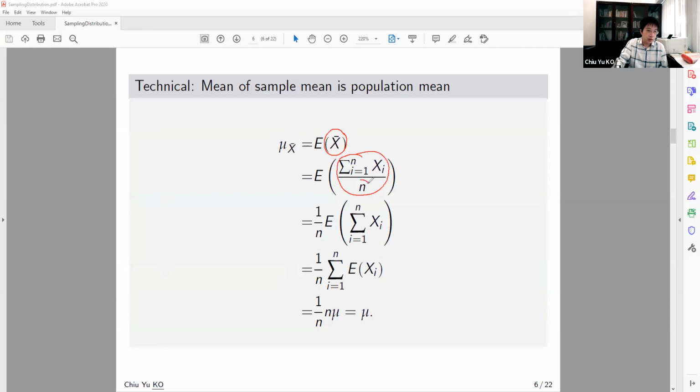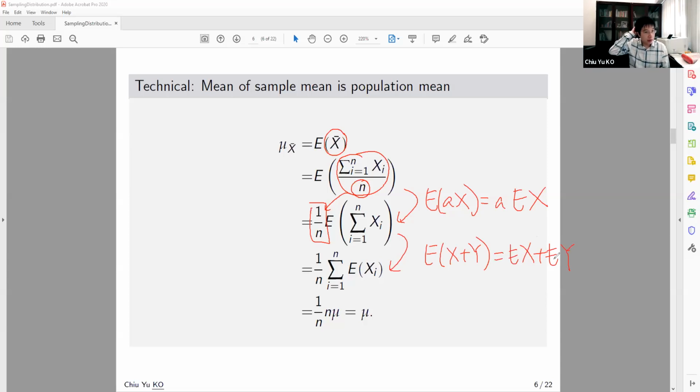This 1 over n can be taken out, because the expected value of a times x is a times the expected value of x. And the next step is because the expected value of x plus y is the expected value of x plus the expected value of y, so the expected value of the sum is the sum of the expectations.